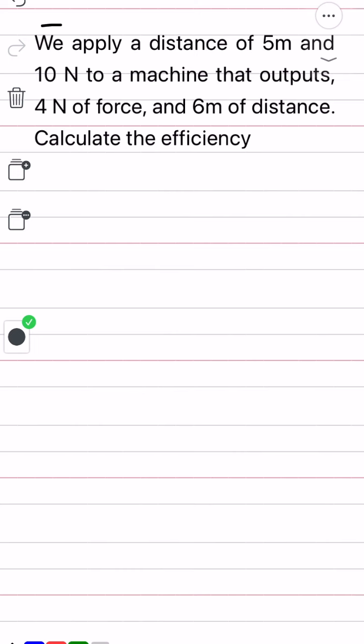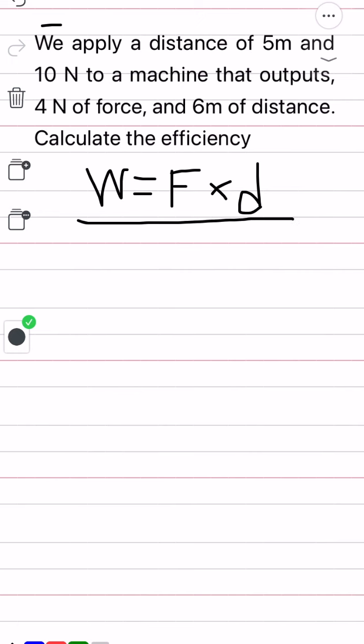Now, you do have to know that the formula for work is force times distance. That's important. So you probably should take physics before you really venture into machines, because it builds off a lot of the concepts in physics, like this. Work equals force times distance. So the formula is work out over work in.